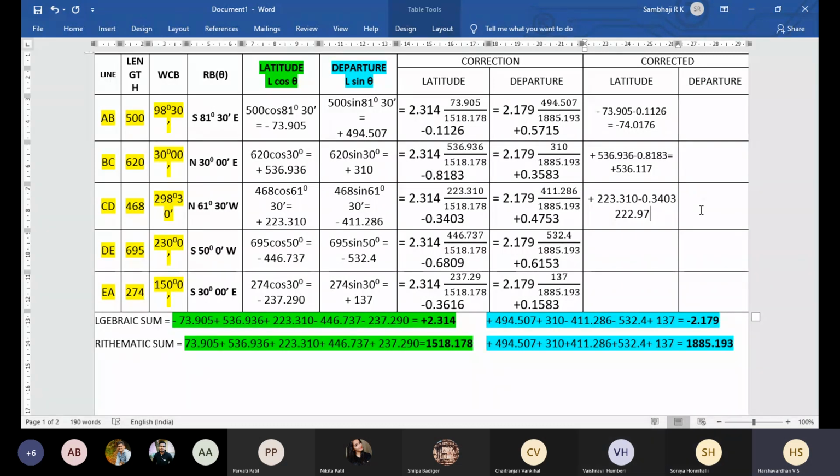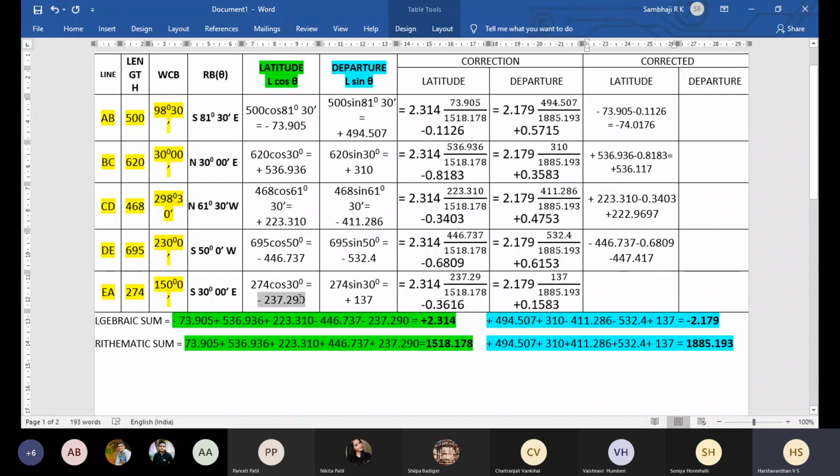Okay, you can round it off to 97 also. Next line minus 446.737 and correction is minus 6. Answer is minus 447.417.